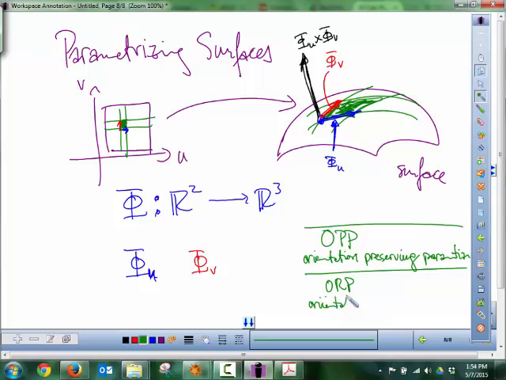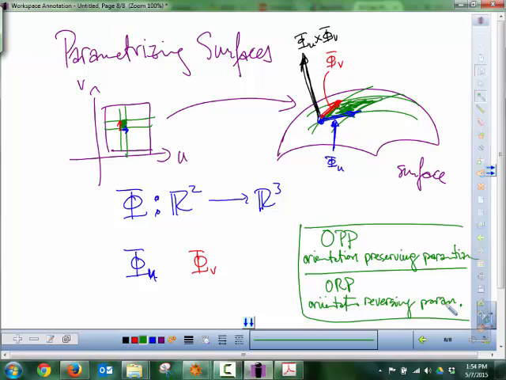Orientation reversing parameterization. So you can label your parameterization as OPP or ORP, and then if it's OPP, you evaluate your integral the same way. If it's ORP, it's reversing, so you just throw a negative sign in front of it.